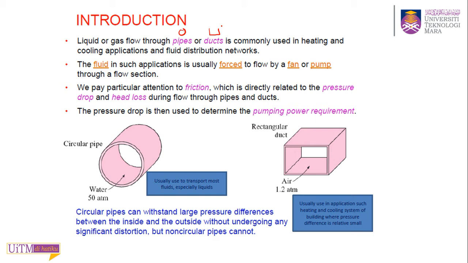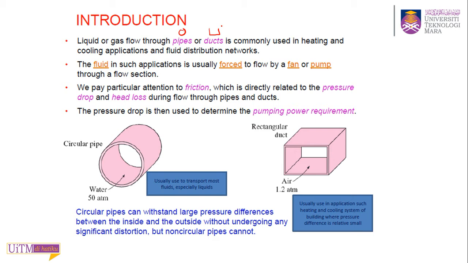If you remember in the Bernoulli equation in chapter 3, we said there's no mechanical device in that flow. The flow just moves due to the pressure difference. But in the real world, because we have friction losses, we need to supply additional power from the fan or pump just to flow the fluid.